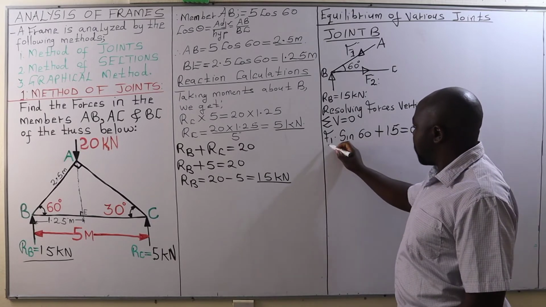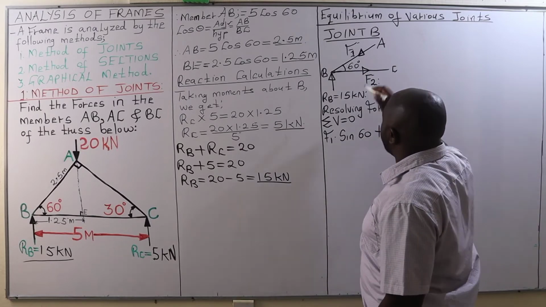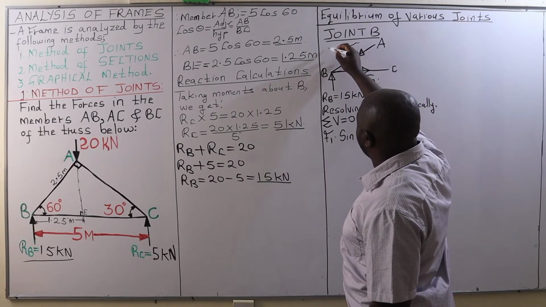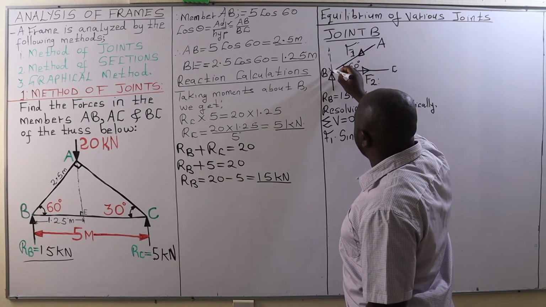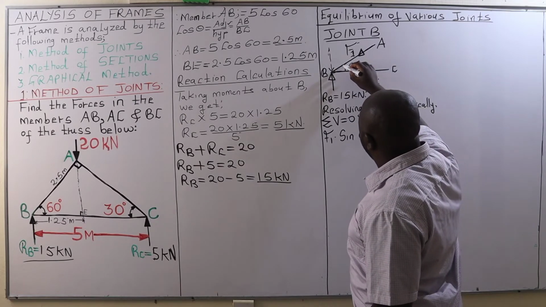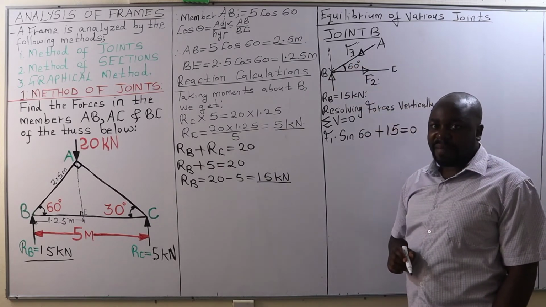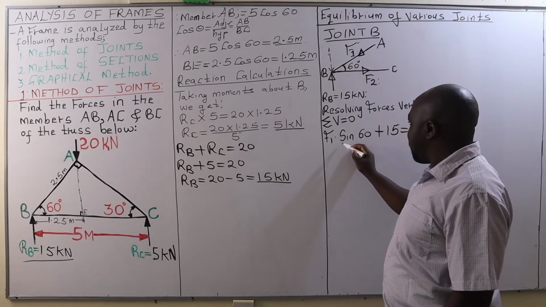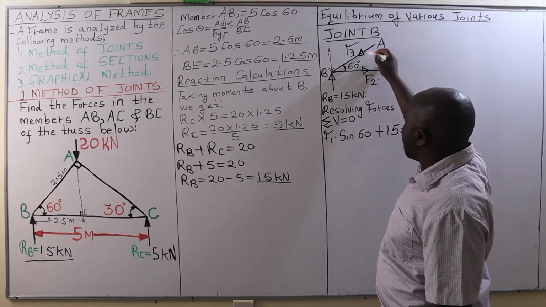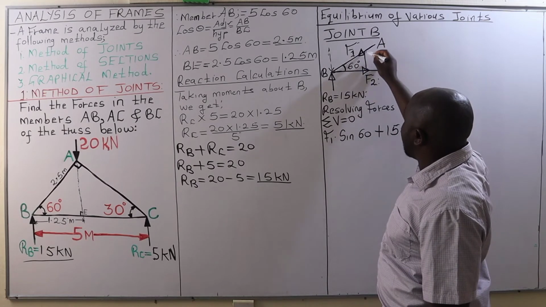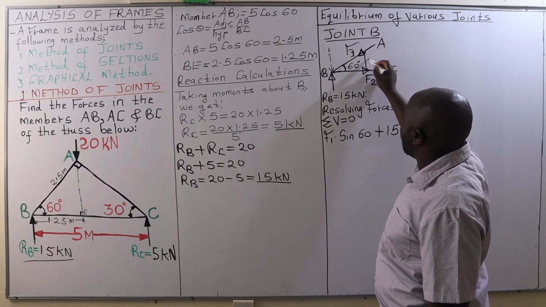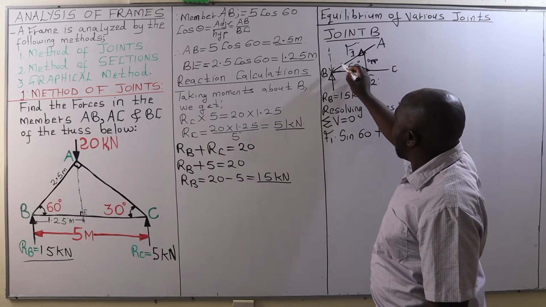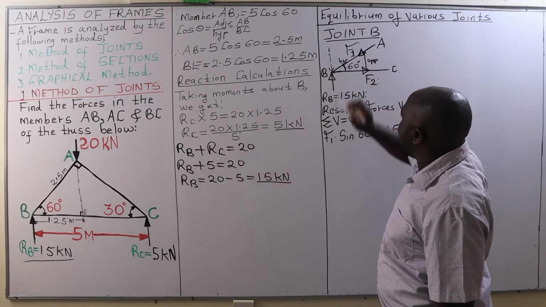Now, why are we getting F1 sine 60? This is a slanting force, and when it is acting vertically, we have an angle of 60 degrees here. When it's acting vertically, it's going to be given by F1 sine 60. Consider this triangle: this is the opposite, and this is the hypotenuse, where we have F1.